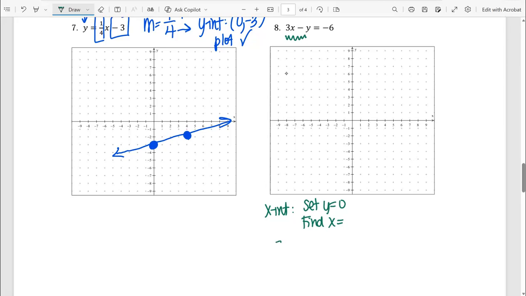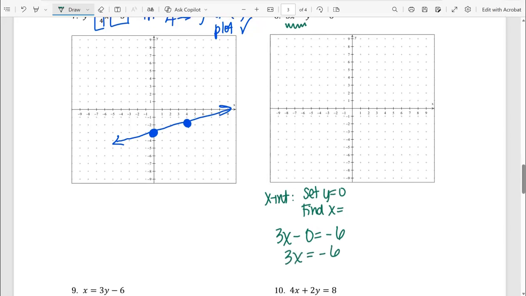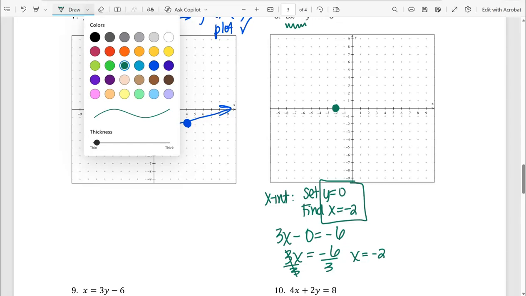So in this case, I have 3x minus 0 equals negative 6. My 0 disappears, and I divide by 3, giving me x equals -2. -2 x value, 0 y, and I have my first point.